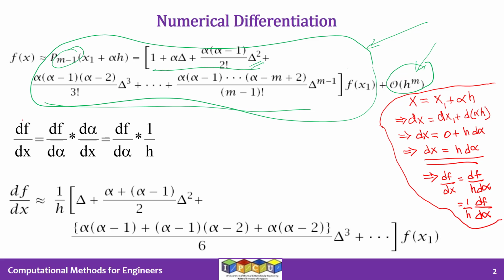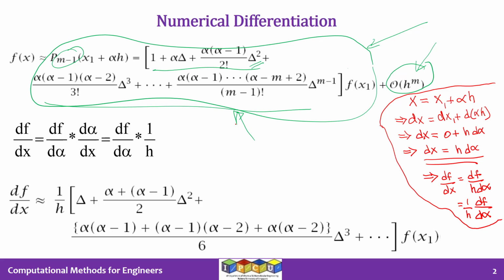df by dx can be written as df by d alpha times d alpha by dx. We need to do this because this approximation that we have is a function of alpha. It's not a function of x. You cannot see x within the square brackets.